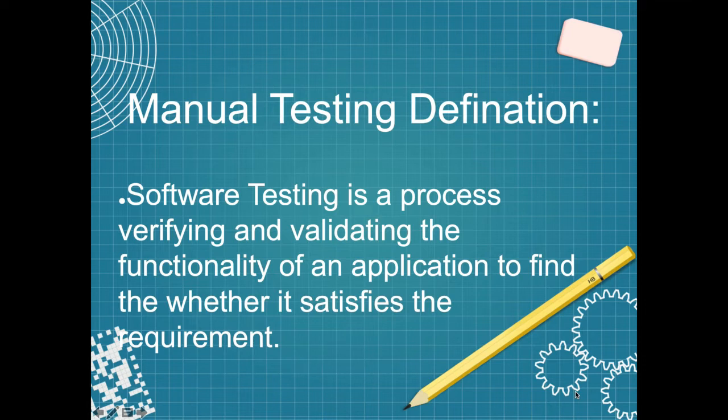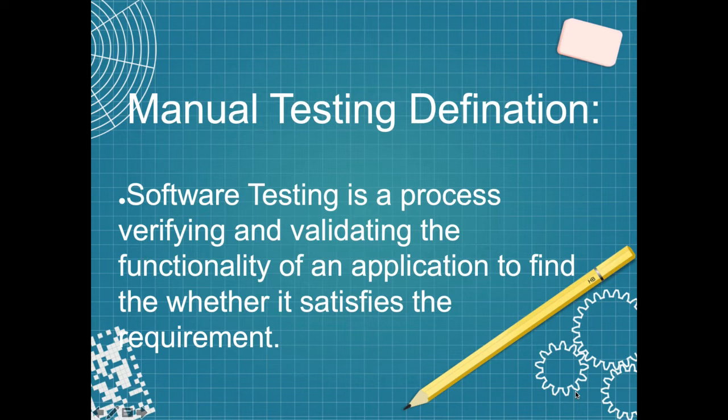I'll give a real example. Say you give a builder a requirement to build a 2 BHK flat, meaning 2 bedrooms and 1 hall. Everything is tested based on the requirement. The builder will build the flat based on your requirement. Similarly, software is also built based on the requirement.